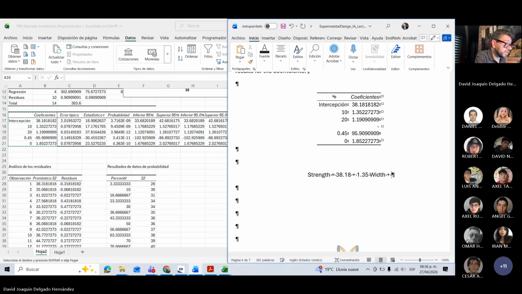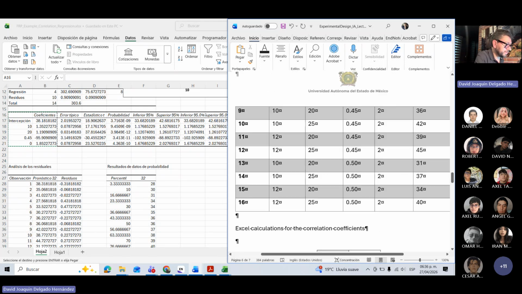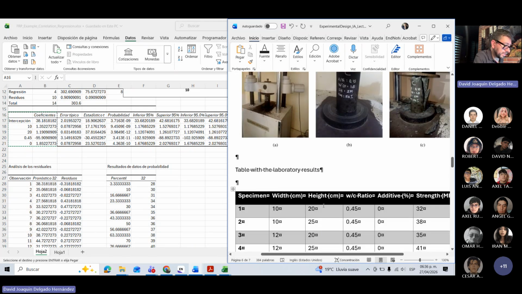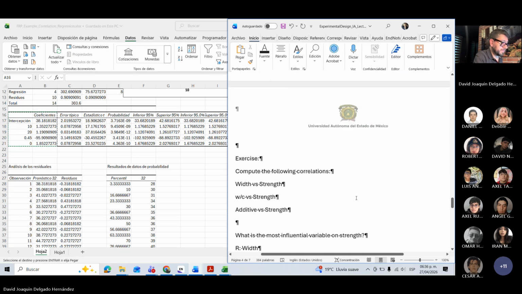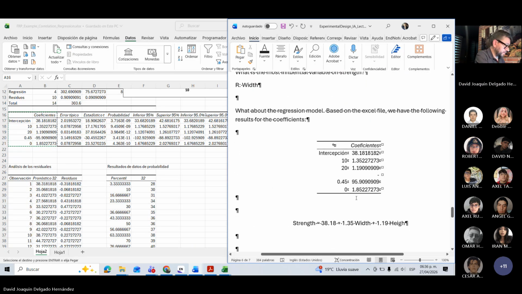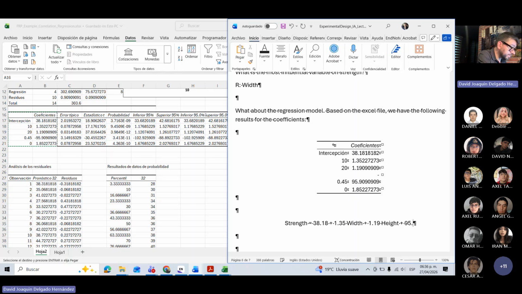plus 1.19 times the height. Do you remember the height? It is the height here. Plus 95.90 times the water cement relationship.